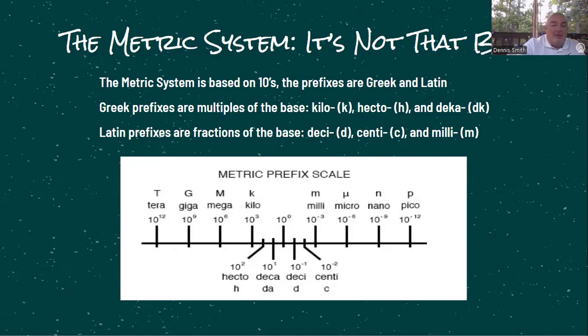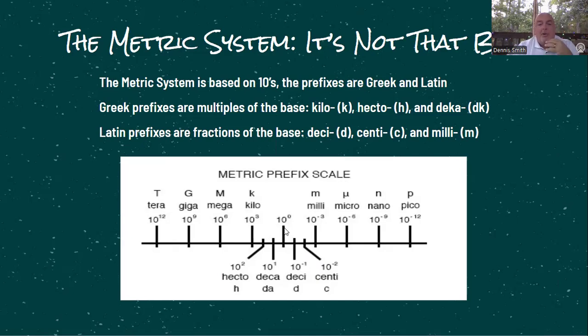If you're starting at base, say 7 meters, you go to deci, it's going to be 70 decimeters. Then centi would be 700 centimeters. Okay, so it just works from there. And if you go into millimeters, which would be 1,000, it would be 7,000 millimeters.